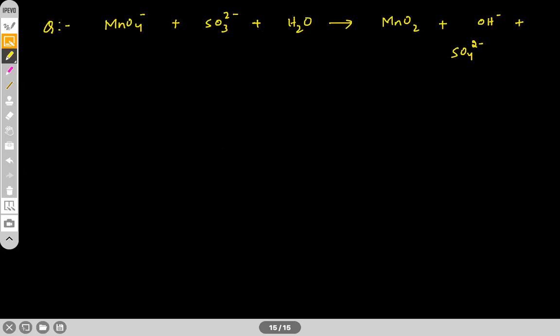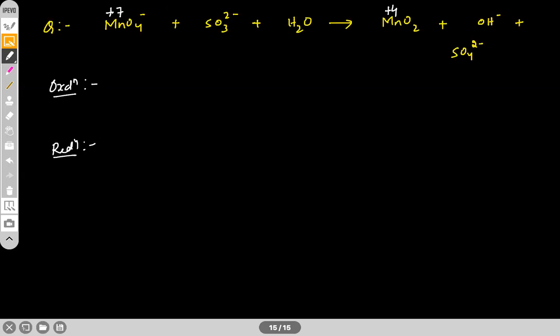So, if you calculate the oxidation state, manganese is again +7 here, right? And SO3 to SO4, the oxygen content is increasing, so obviously it is oxidation. And -2 here, it is +4, so it is reduction. Okay. So the two halves, the oxidation half and the reduction half.